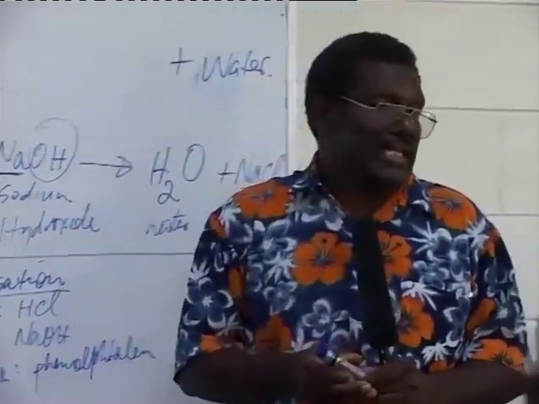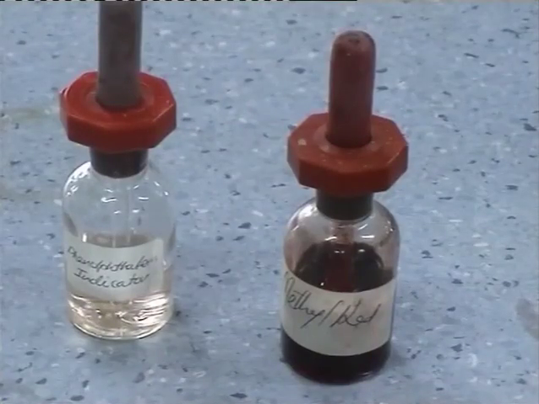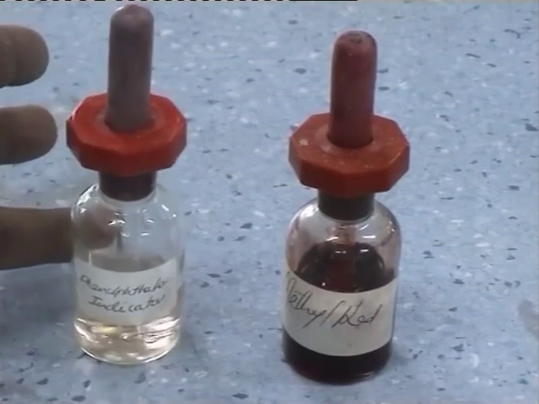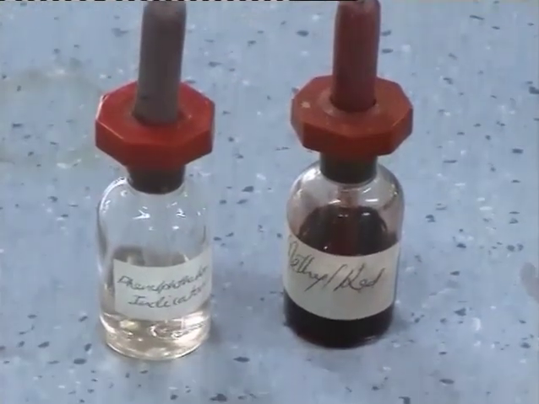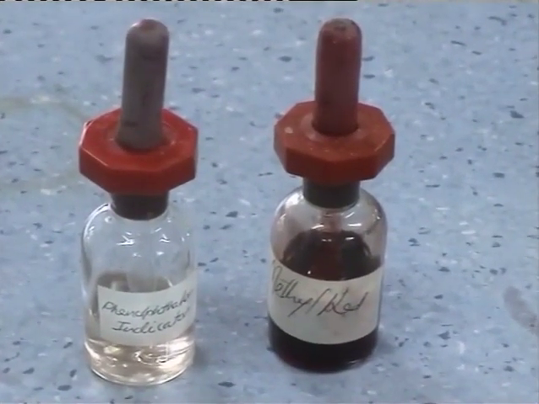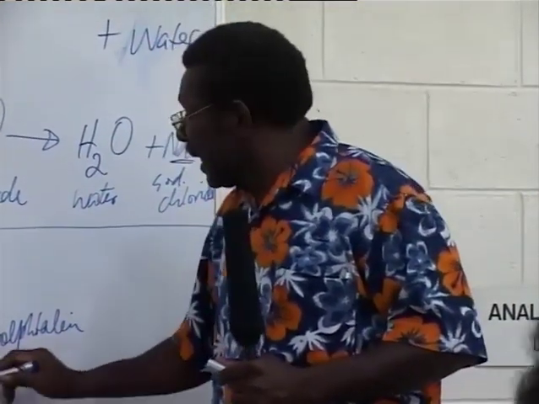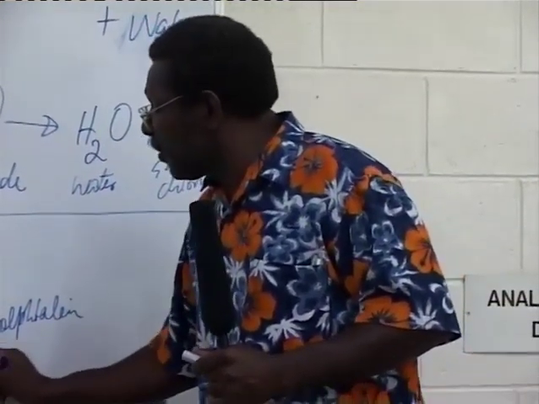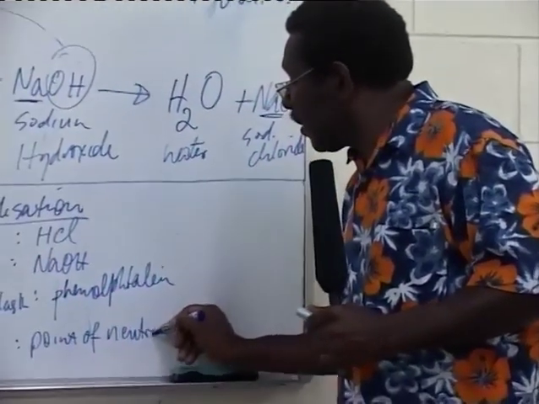Phenolphthalein is the one that is white in color, and in acid it is clear, and in base it will be a different color. So as soon as your solution becomes neutralized, there will be a change in color. Color change will tell us the point of neutralization. So that's what you're going to do now.